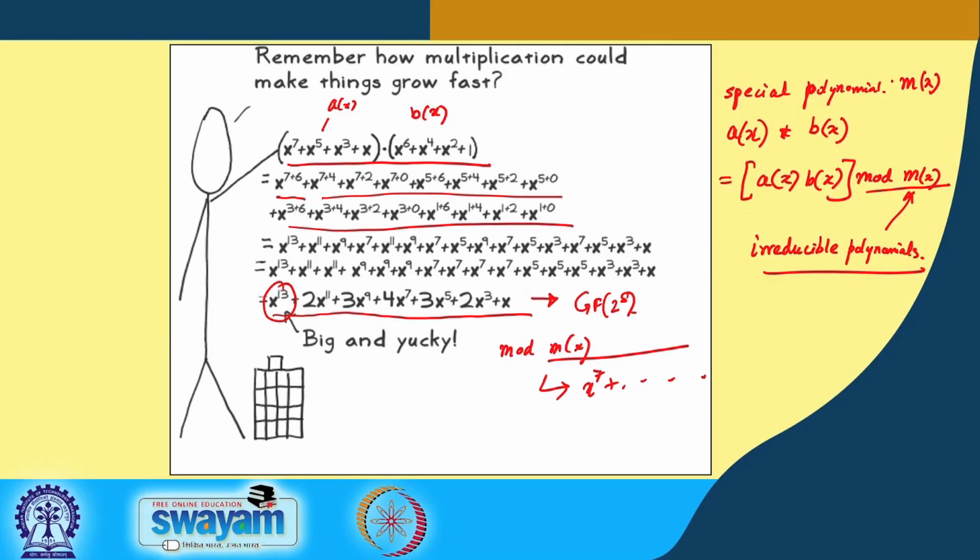If I take any polynomial, say I call it c(x), and I divide it by modulo x power of 8 plus something, then the remainder's coefficient can go maximum till x power of 7. Do all of you get this point?